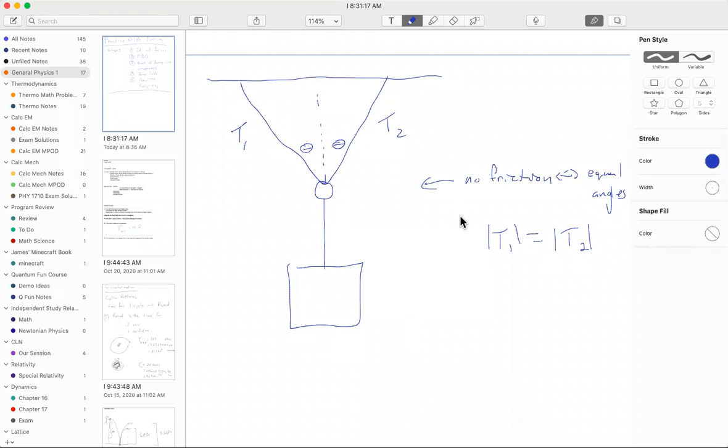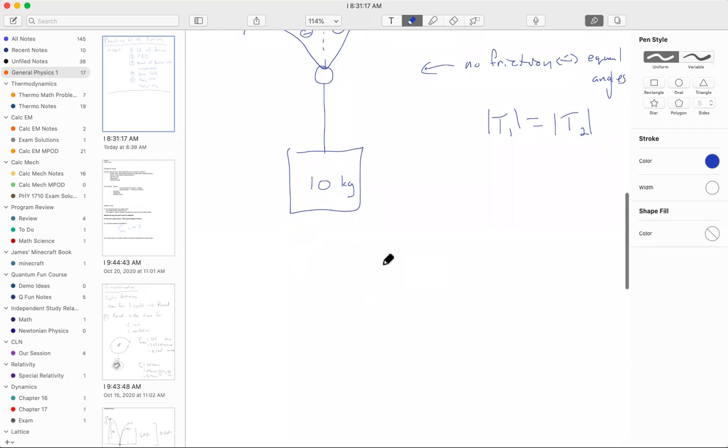So let's assume that this is a 10 kilogram mass and it's hanging, and we'll assume the wires, the ropes and the ring are massless. And let's assume that theta is 20 degrees.